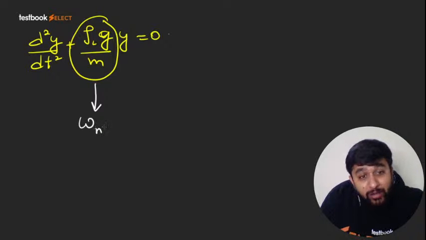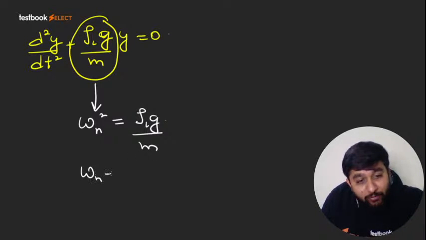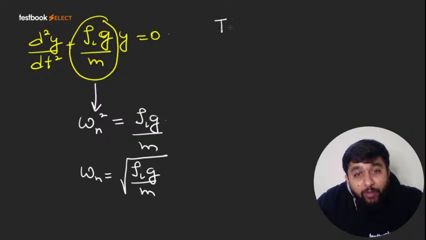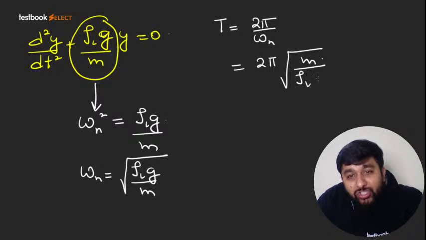What is this? Natural angular frequency of oscillation. That will be rho L g by m. So natural frequency of oscillation will be under root rho L g by m, and the time period of oscillation will be 2 pi by omega n, that will be 2 pi under root m by rho L g.